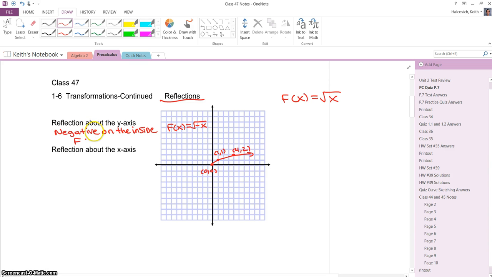So basically, you have f of negative x. The negative is inside the parentheses. So to figure that out, you're going to take negative 1 and multiply it times the x coordinate.